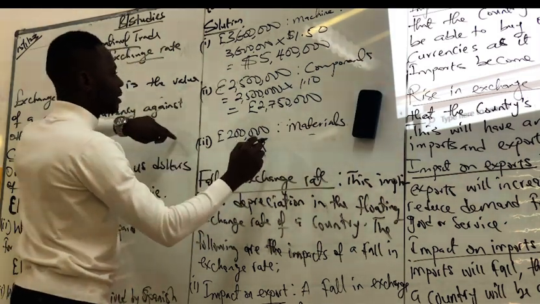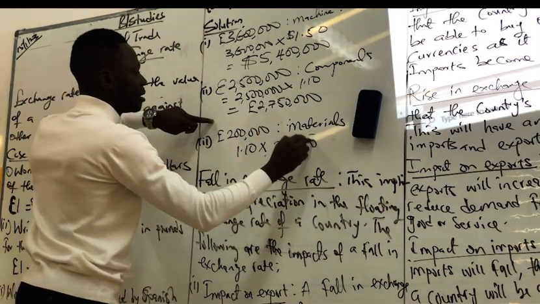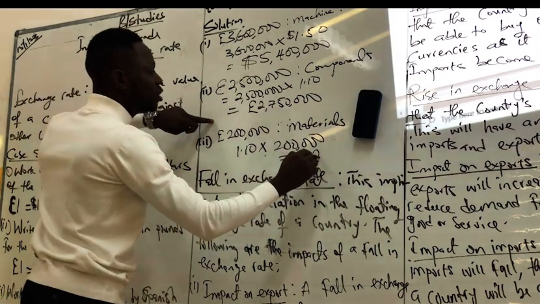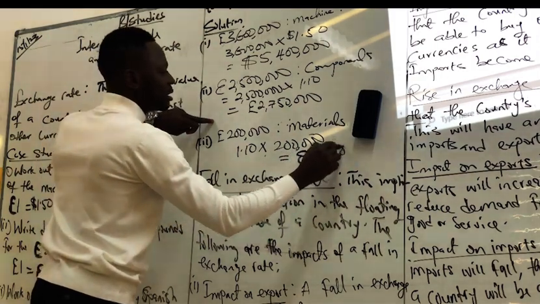It gives you what? 220,000. In euros, right? Yeah. 220,000. Is it clear?